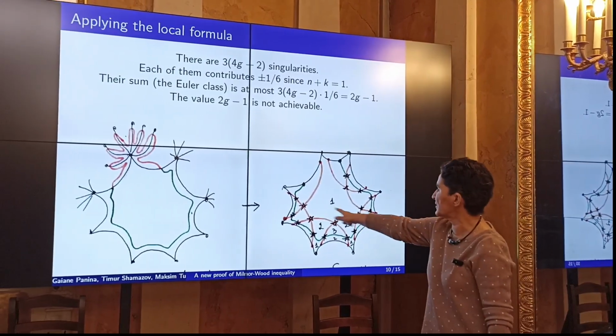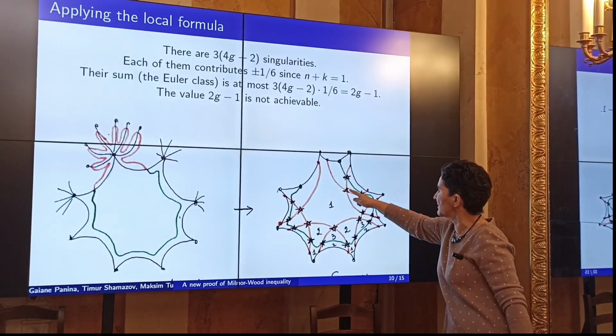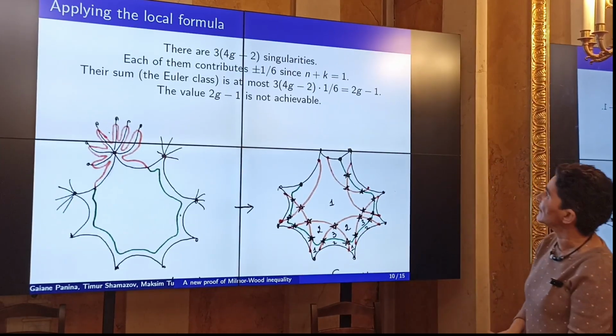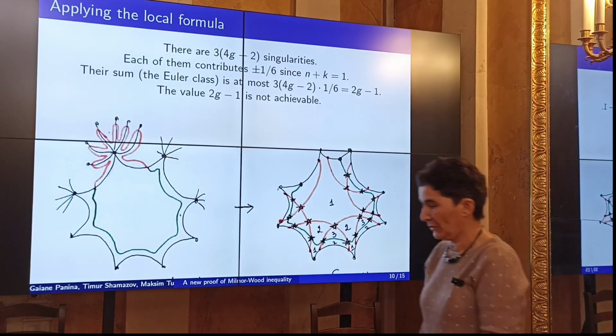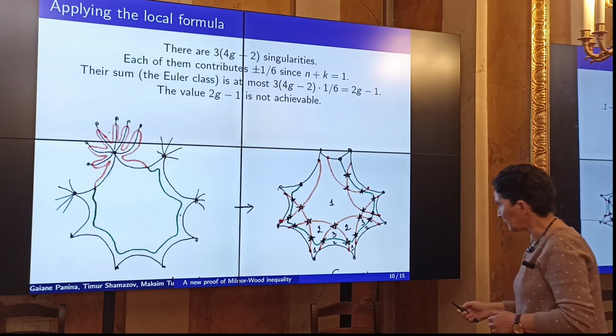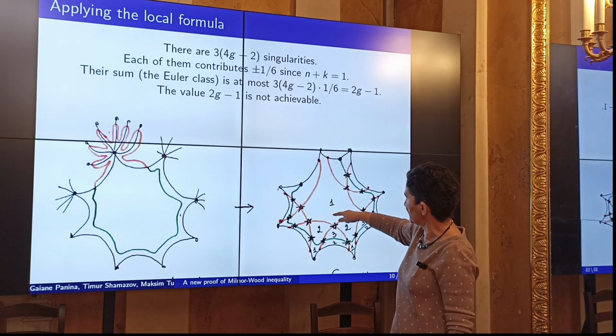It is the same picture, but a little bit bigger. The singular points are those denoted by stars, and we have to apply the combinatorial formula. But before that, look at these numbers.